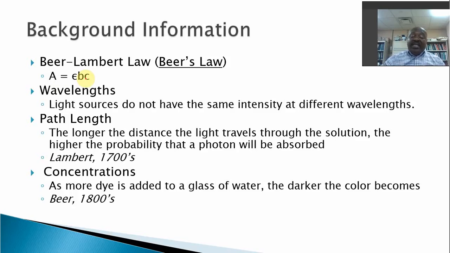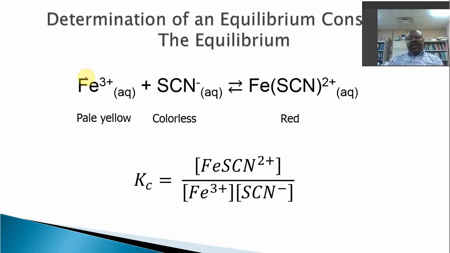Then, if we take a solution, and we don't know what the concentration is, we can measure the absorbance and then determine the concentration. So that's the idea. There it is. Again, the reaction, the red color there, and then we want this number here. So we're going to determine all these three, 1, 2, 3. Question is how?